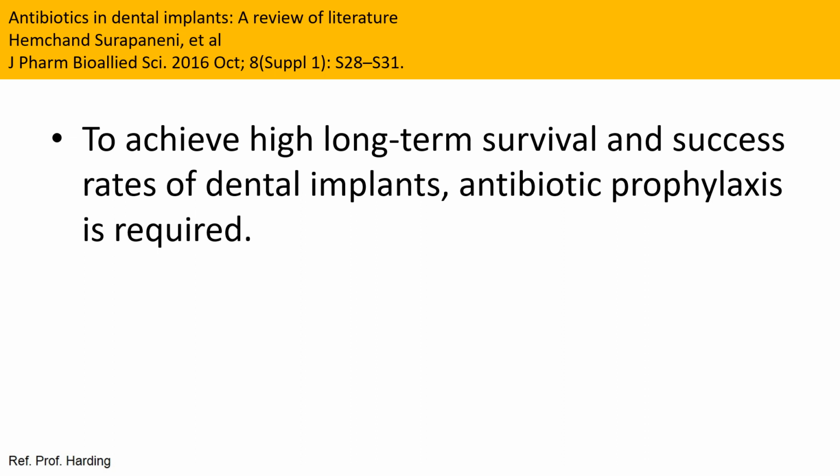Now, when we look at antibiotics in dental implants, a review of the literature, this article was published in 2016, and this article proposed that to achieve high long-term survival and success rates of dental implants, antibiotic prophylaxis is required.